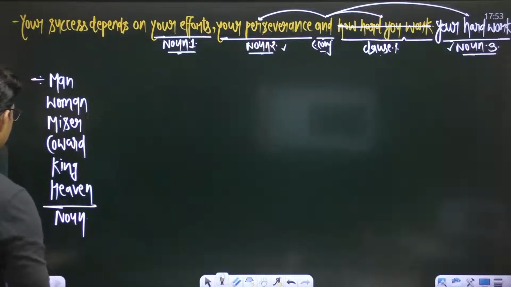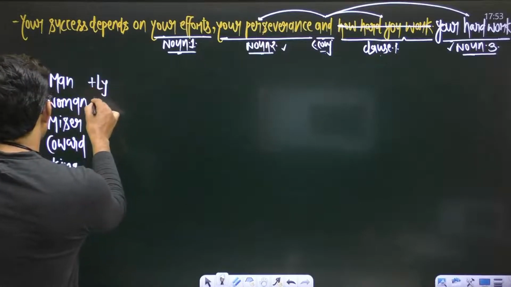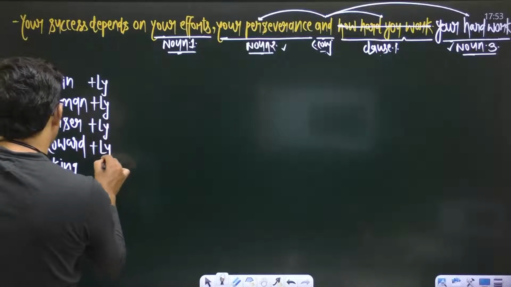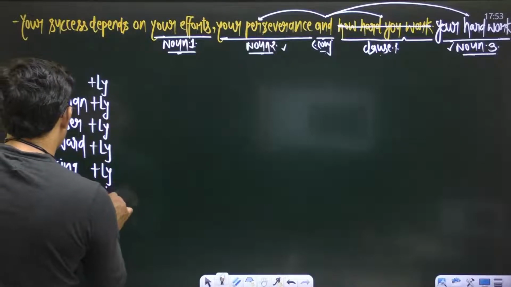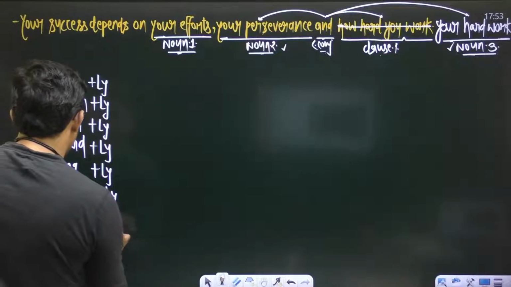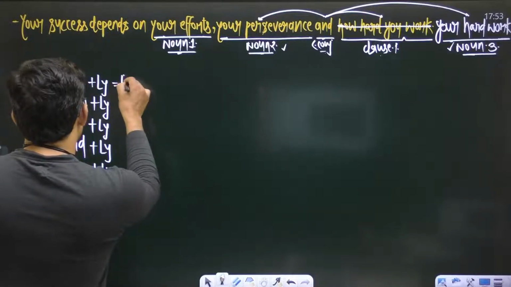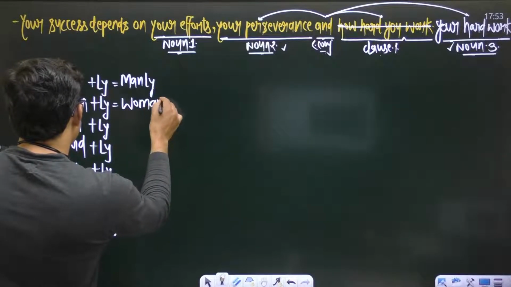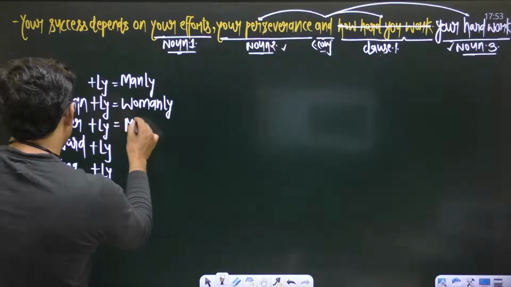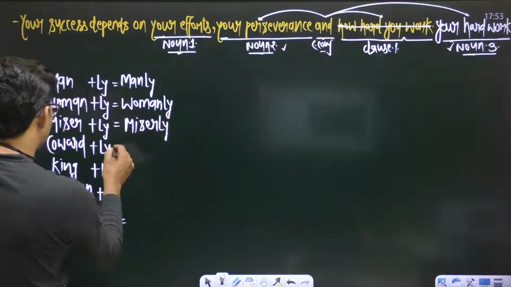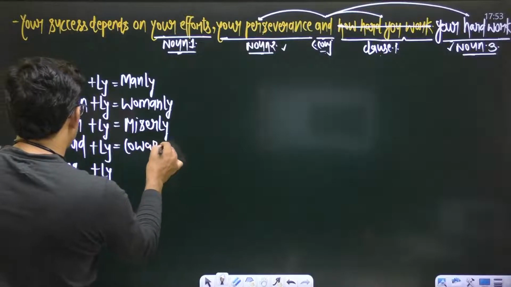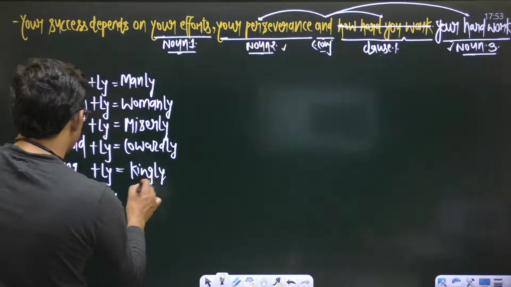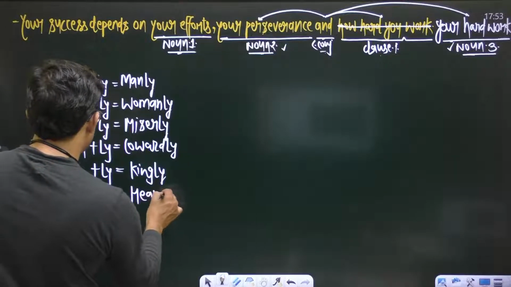Whenever you add the suffix ly with a noun, it becomes manly, womanly, miserly, cowardly, kingly, and heavenly.